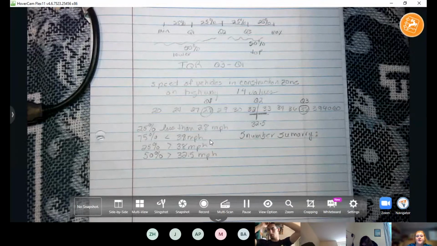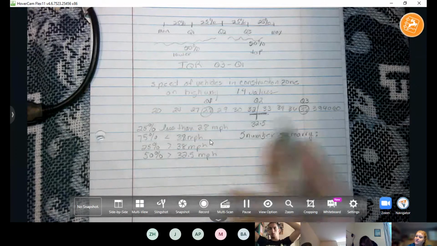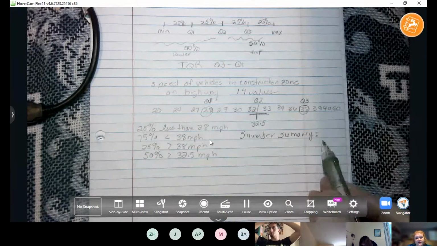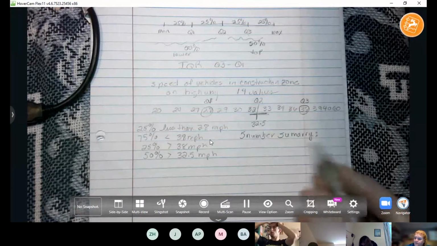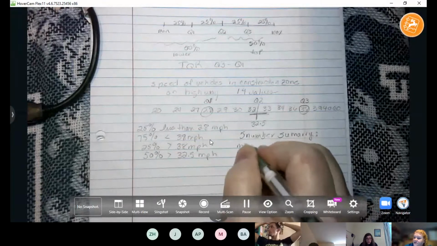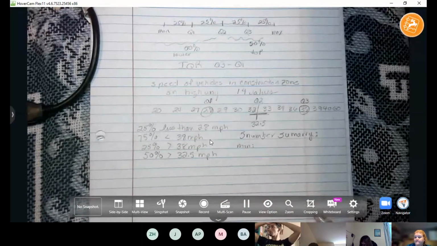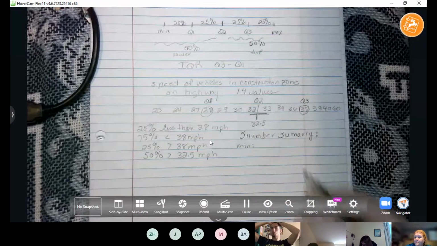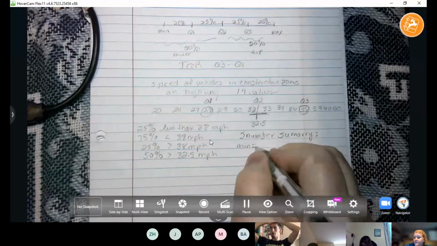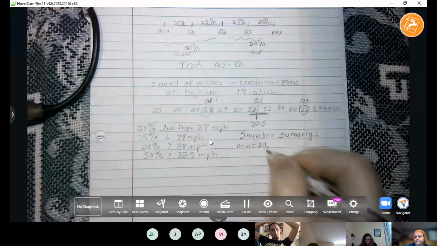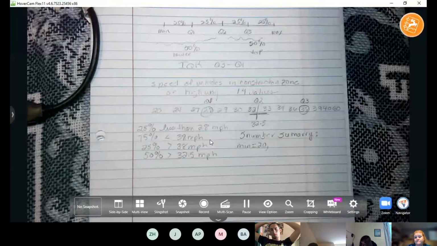The 5-number summary. What information are you given about your data if you're given a 5-number summary? You're given the minimum value. What's the minimum value? What would it be? 20. What else do you give in the 5-number summary?